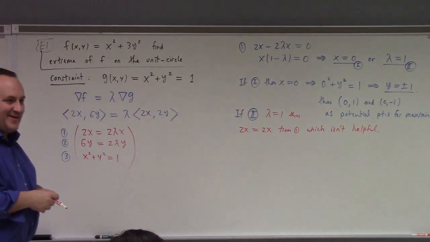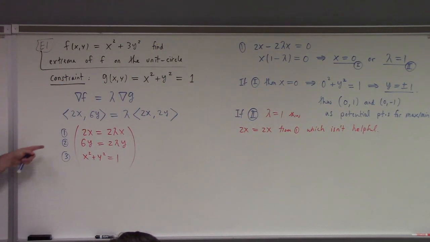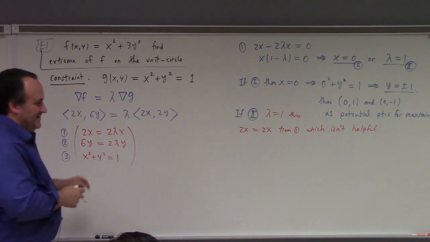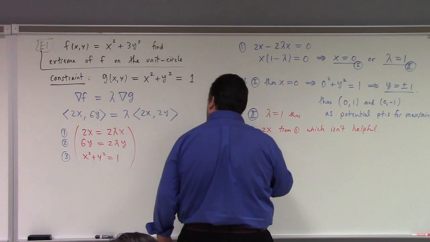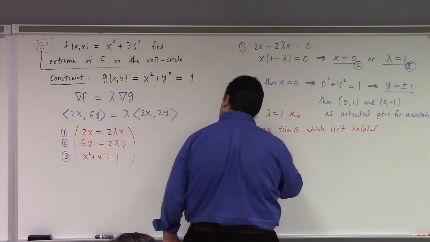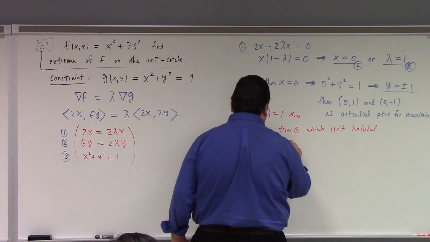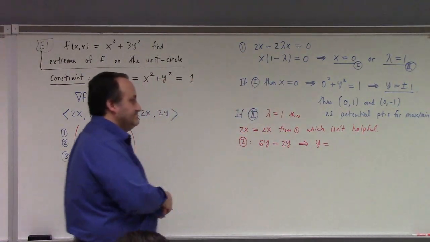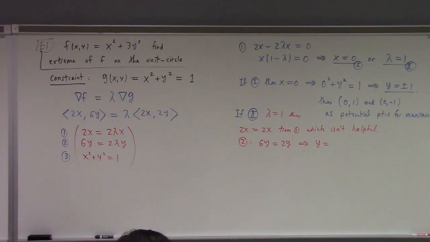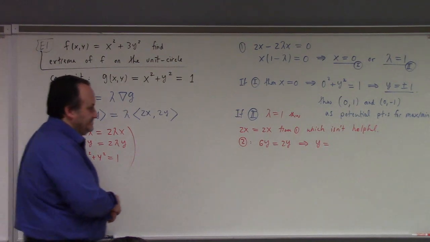Maybe we should look at equation 2. From 2, we get 6y is equal to 2y, which implies y equals what? 0, right.